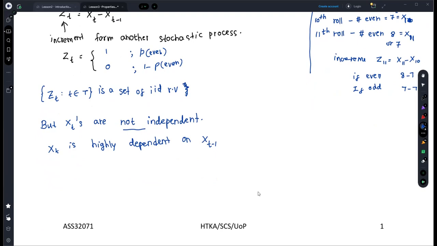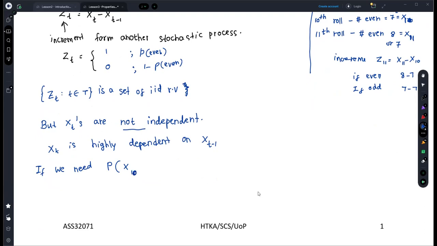So if you want to find the probability, let's say we were talking about the 11th roll. Let's make it 10, it's easy in that case.